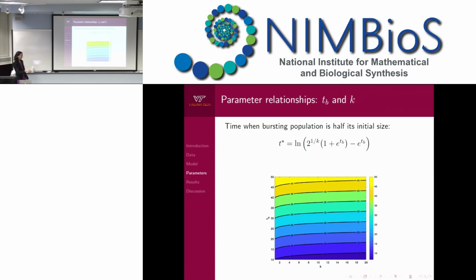Here I'm showing you a plot of K between 1 and 20 and TB between 10 and 50. And remember, I briefly mentioned this, but the experiments themselves went out to 42 days, so obviously we can't have a TB beyond 42 days. We can see that when K is greater than 1, we have a slight correlation with TB, and then the values go up significantly here.